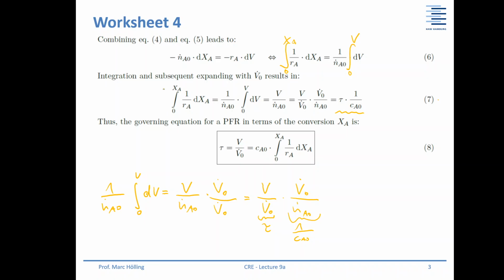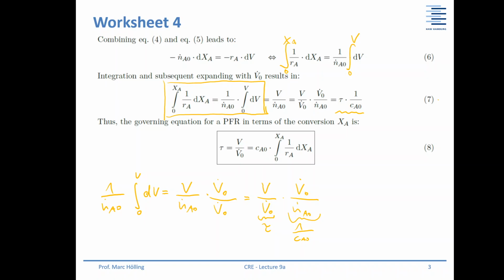So first you solve your integrals, and then you play around with the values that you get, and you find that the reaction volume divided by the mole flow at the inlet is the same as the residence time divided by the concentration at the inlet. Then it's just rearranging. The main equation for the plug flow reactor is that the residence time is equal to the inlet concentration times the integral of 1 over the reaction rate, integrated over the conversion.